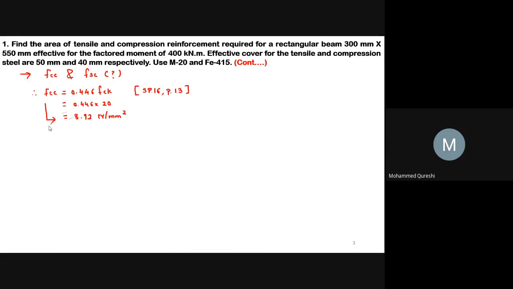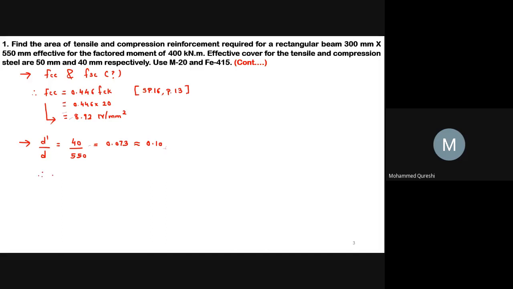Now we have to calculate the value of fsc, and for fsc, we first have to calculate the ratio of d dash by d. So d dash is given as 40 mm for compression cover and small d is 550. So the ratio of d dash by d will be equal to 0.073, which will be approximately 0.10.